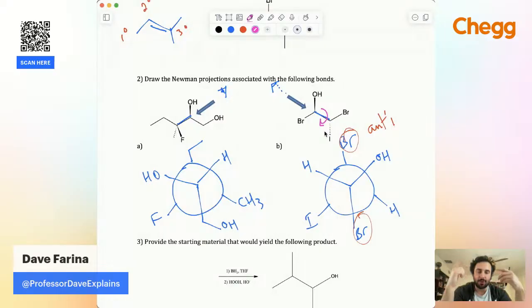The lower the energy associated with a particular conformation, the more time it will spend in that conformation. A very high energy conformation, it will spend very little time in, right? That's why it passes through the eclipsed conformations only on the way to staggered conformations. But I believe this is the lowest energy conformation. I think that's the case.